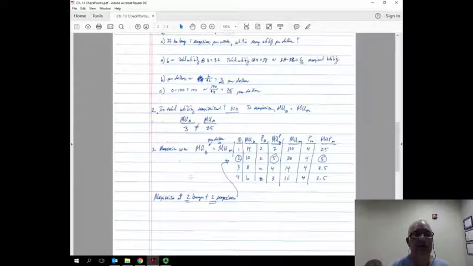Okay, so by setting up a table here, what I did is I took the information that was given and I had to create some marginal utility columns for it. So here's the quantity and price which were given, and then I was able to calculate the marginal utility from that.